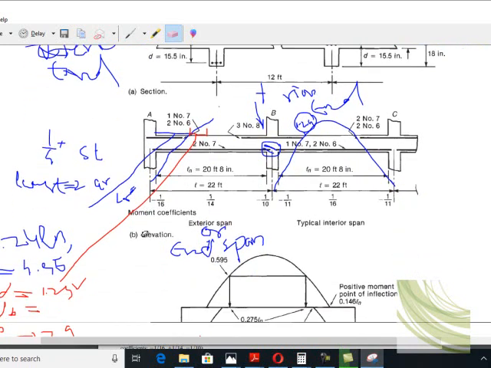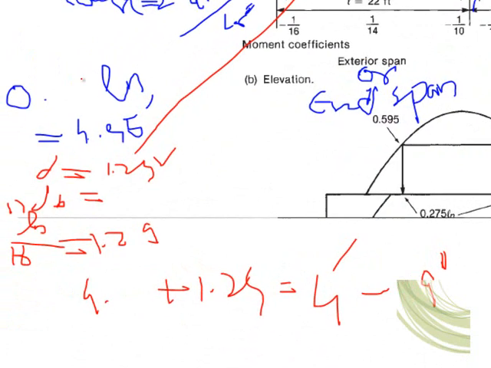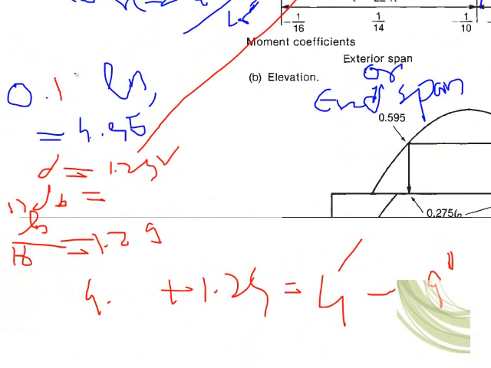So here we are wrong. This is basically 0.164 because this is the exterior span, and for the interior span the point of inflection is different, and for the exterior span the point of inflection is different for the same points. It will give you 3.7 roughly.